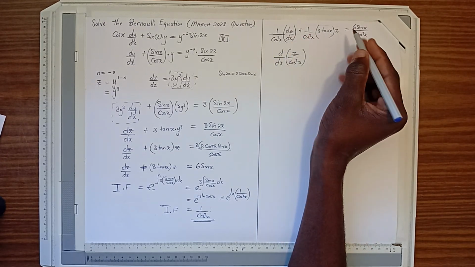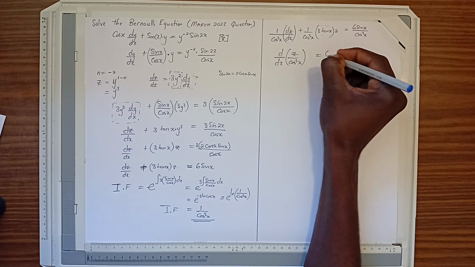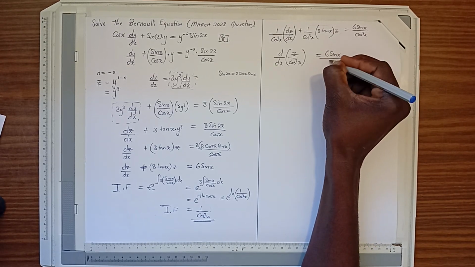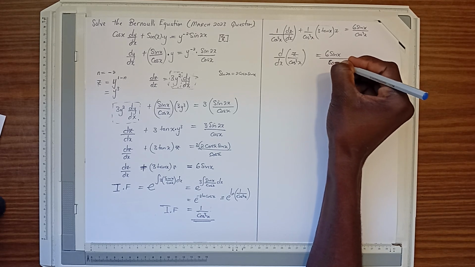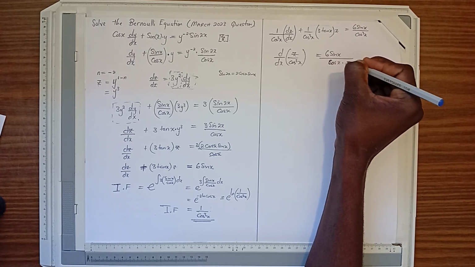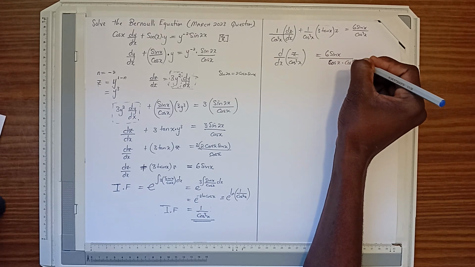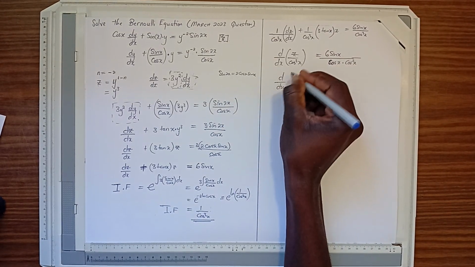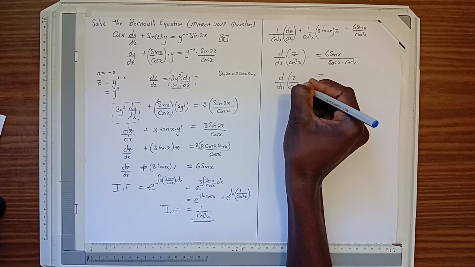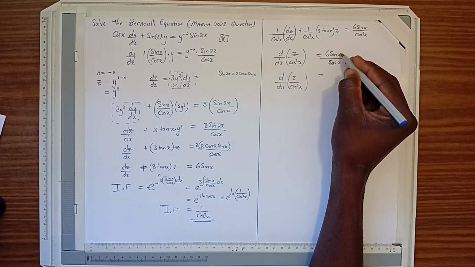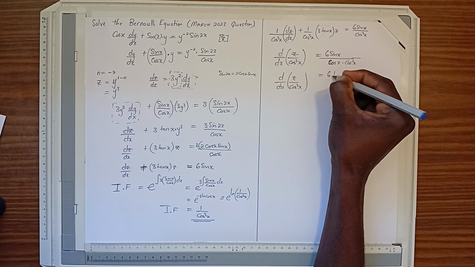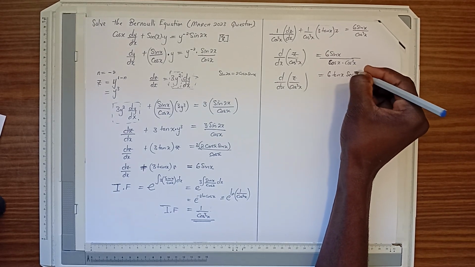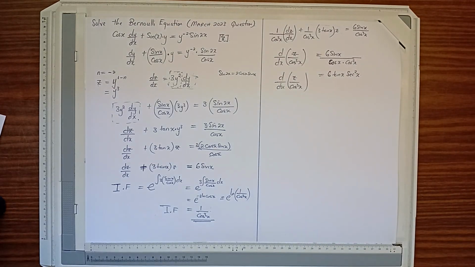This one, 6 sine of x over cos cubed of x, is the same as sine x over cos x times 1 over cos squared of x, so d over dx of z over cos cubed of x is equal to 6 tan x times 1 over cos squared of x, which is sec squared of x.